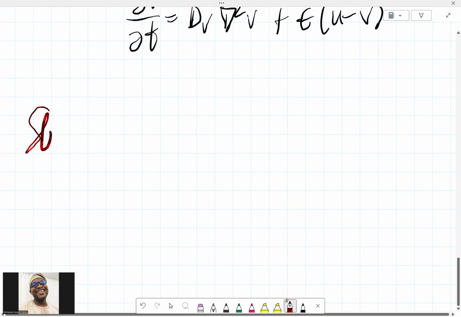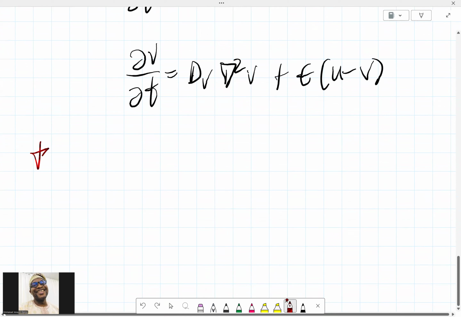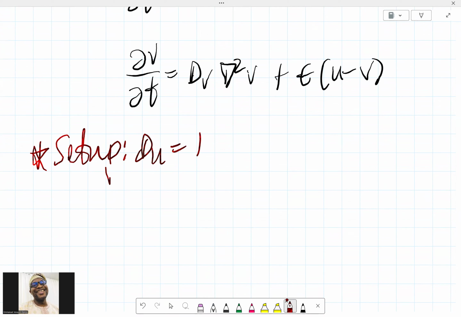So imagine a setup for this. Say D_U is equal to 1. That's the diffusion, the activation coefficient. And then you have D_V, which is the inhibition coefficient, which is 0.1. So it means that the rate of inhibition is slower than the rate of activation. Okay. So maybe something spreads three times and then it is stopped once, something like that.